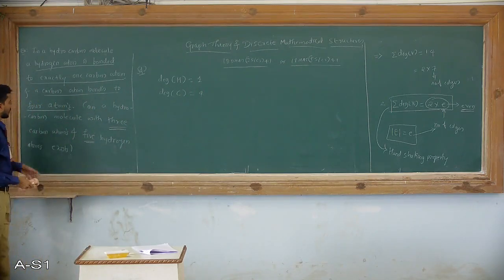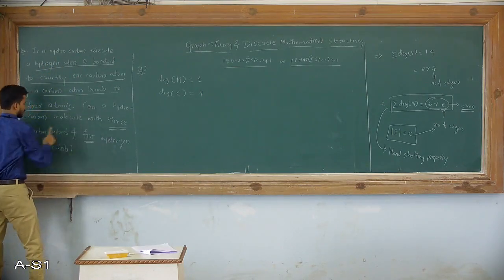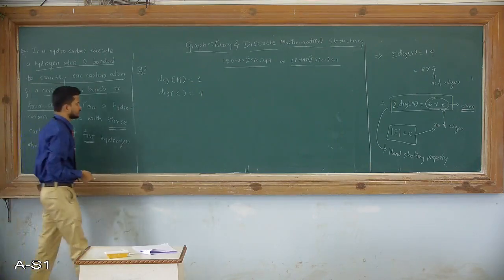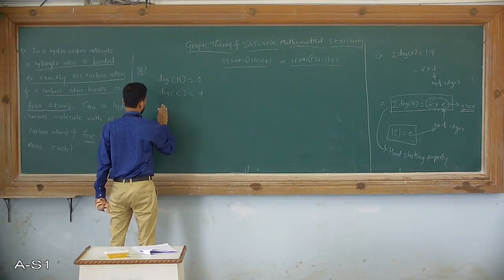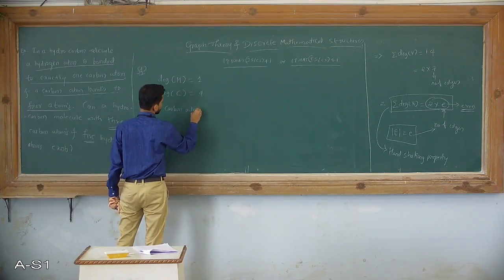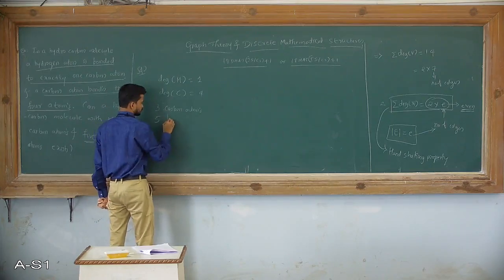Now the given set of data is that the hydrocarbon molecule has 3 carbon atoms and 5 hydrogen atoms. So I will write here 3 carbon atoms and 5 hydrogen atoms.